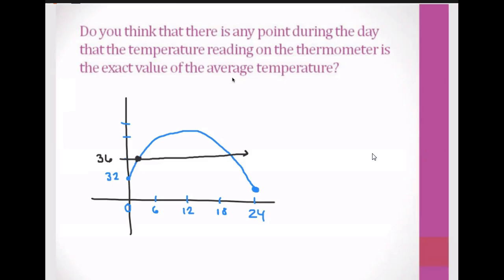Since temperature is continuous, meaning it is changing at little tiny increments, the average temperature would have to equal the actual temperature at some point during the day. And in my example, if the average temp was 36, then it occurred twice. The average isn't the max, which occurs somewhere else. It's just asking, can this occur? And the answer is yes.